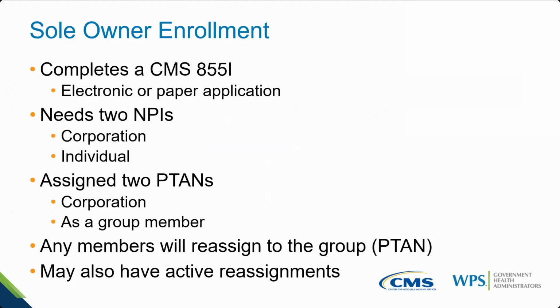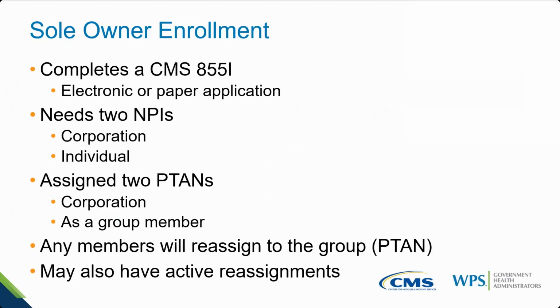So their enrollment, again, they will complete just the CMS 855I, either electronically or on paper. Here's where they get different. A sole owner is going to need 2 NPIs, so 2 national provider identifiers. They're going to get one for the business, which is often referred to as a type 2.